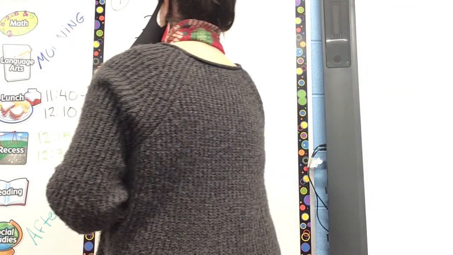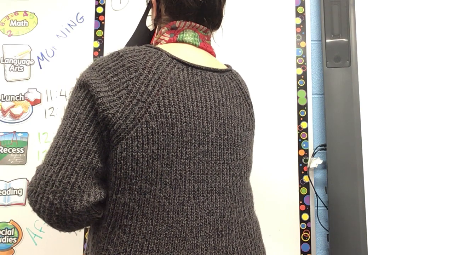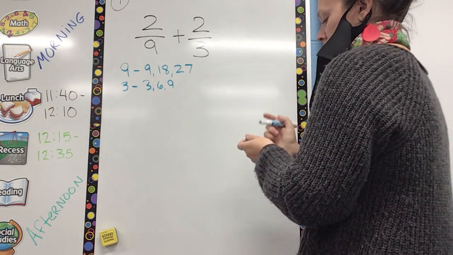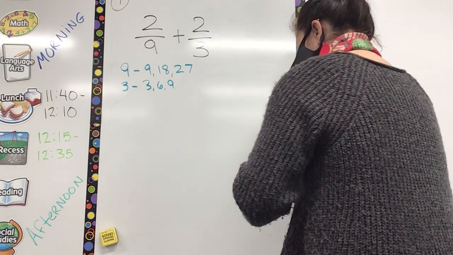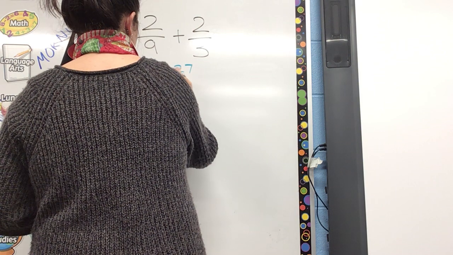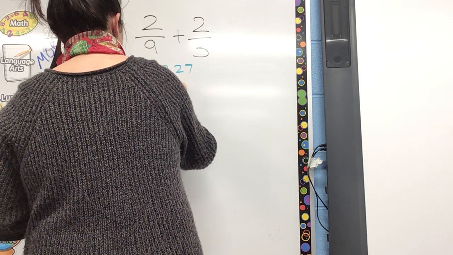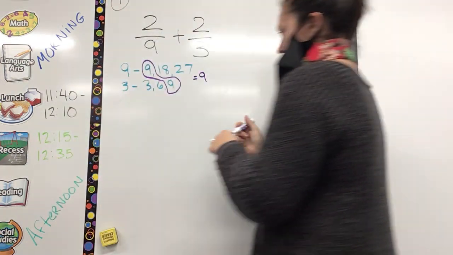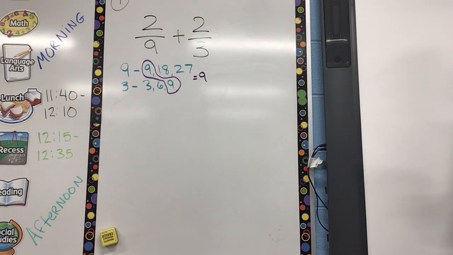All right, multiples of 3. 3, 6, 9. Oop. Did we see one already? Yes. What is my LCM? 9. Circle it then. 9 is my LCM that I'm going to be using.